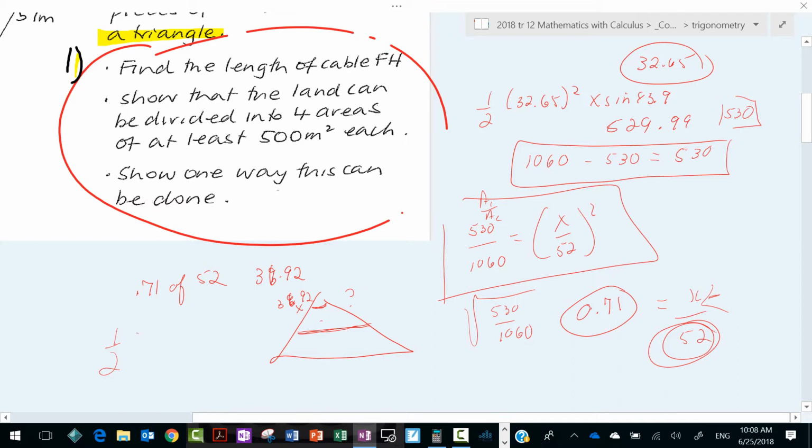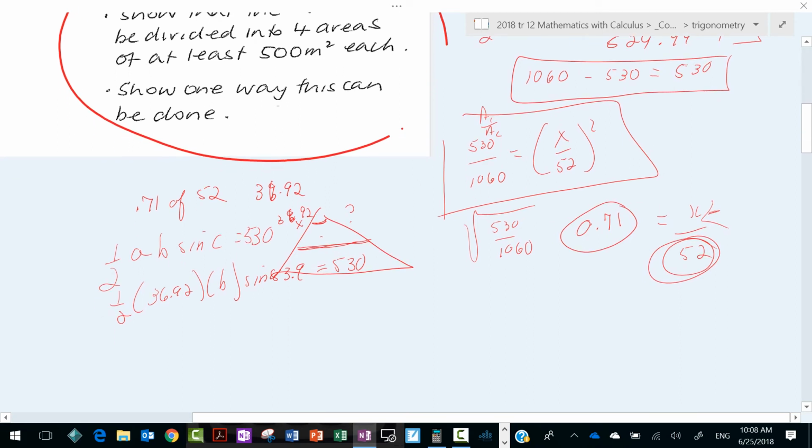So it's going to be half A times B times the sine of C, equal to 530, yeah? So if I put 1/2 times 36.92 times B times the sine of 83.9, it equals 530. I'm going to be able to find what B is.